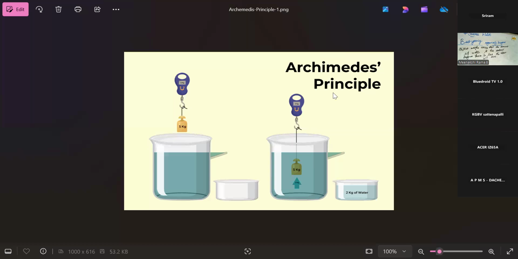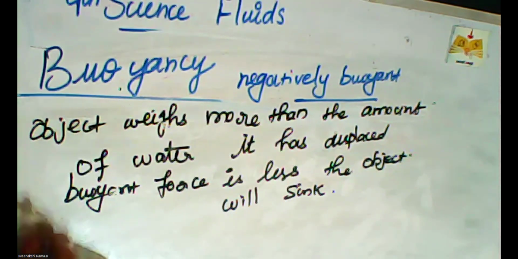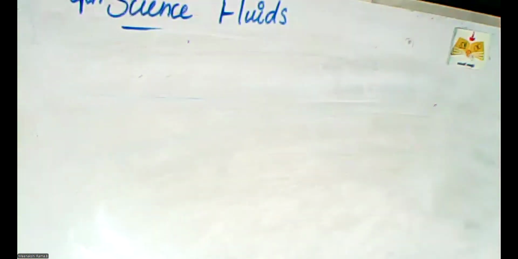So the upthrust is equal to the weight of the fluid displaced, which is the apparent loss of weight of the body.